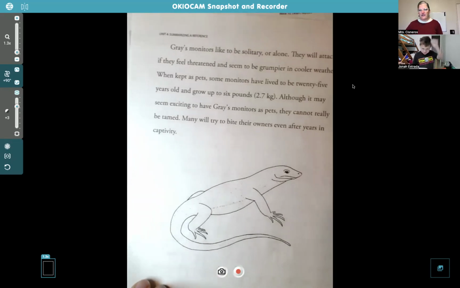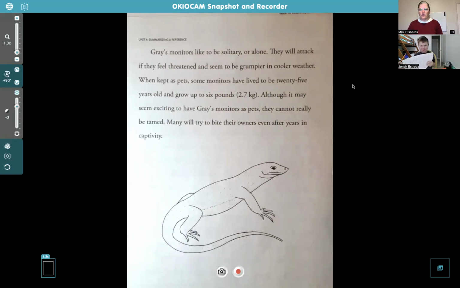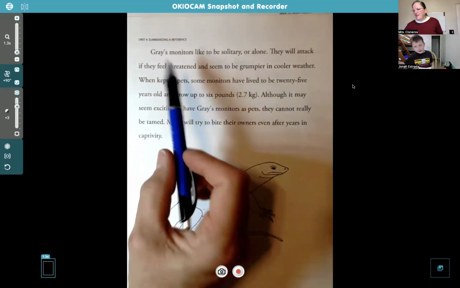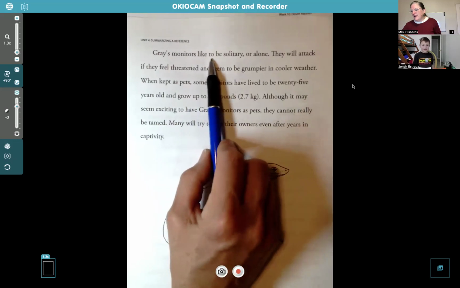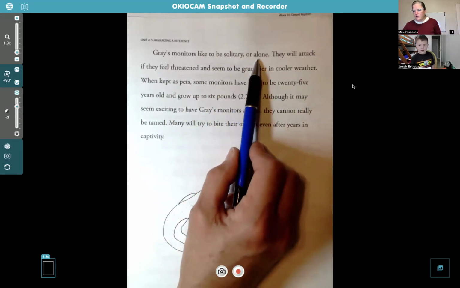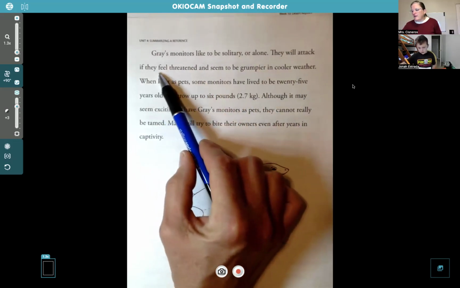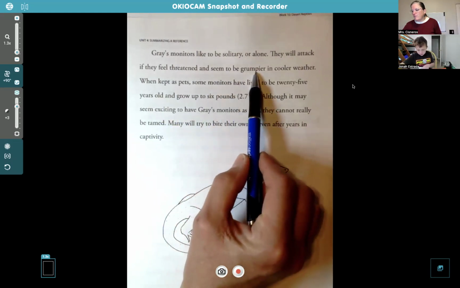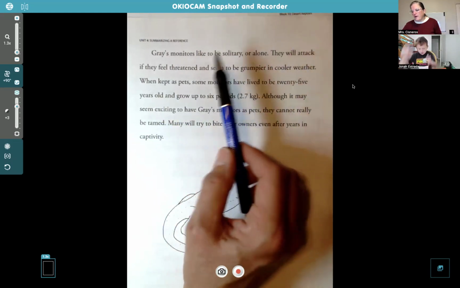Okay, let's go to the back. Remember, we can combine some too if we need to. Gray's monitors like to be solitary or alone. They will attack if they feel threatened and seem to be grumpier in cooler weather.